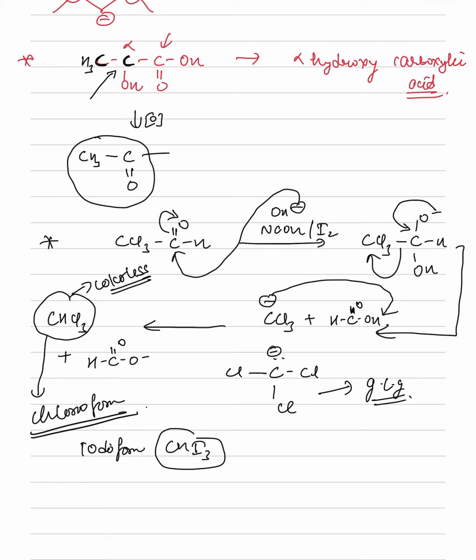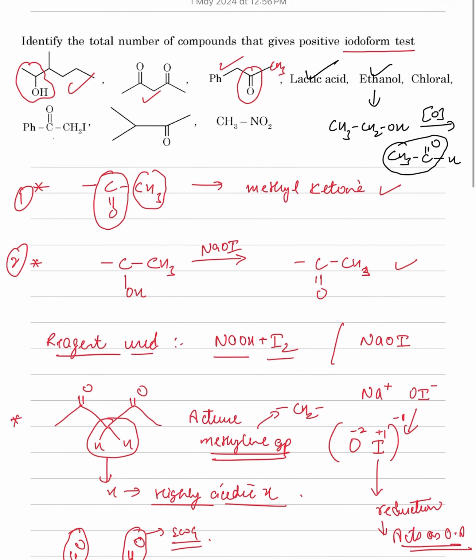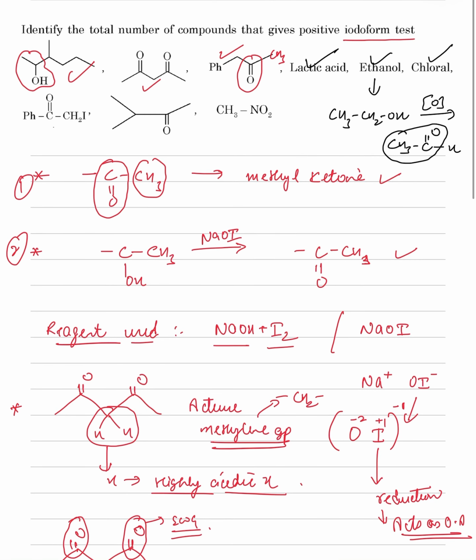Because it is colorless, we will not be able to identify whether it is being released or not. But if it is iodoform, the appearance of yellow color will tell you that the reaction has taken place and iodoform is formed, right? That is why the reaction will definitely occur, but there will be no physical or visual identification in this case. That is why chloral will not be able to give the test.